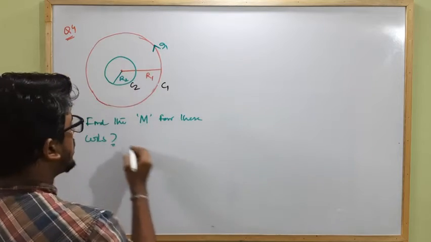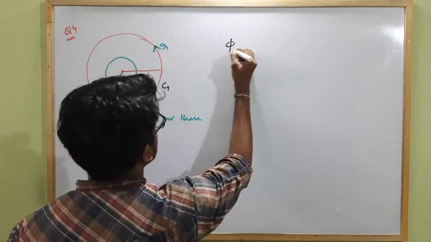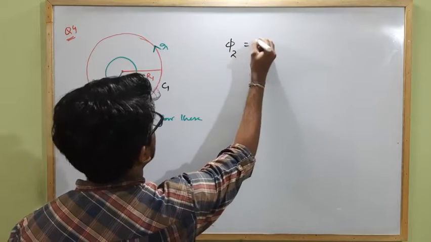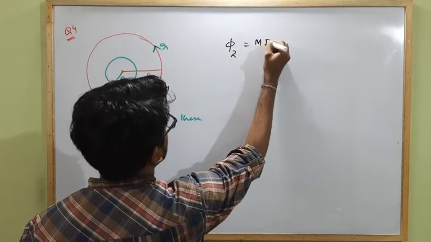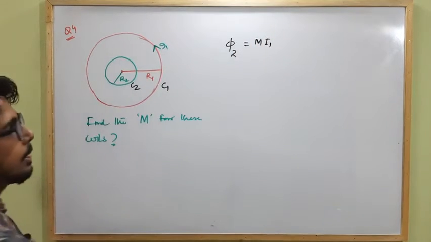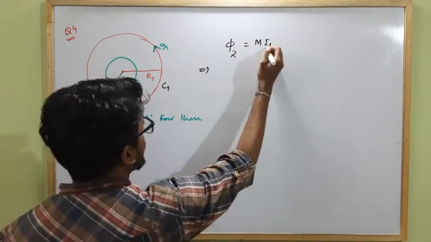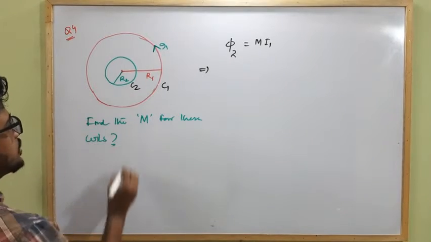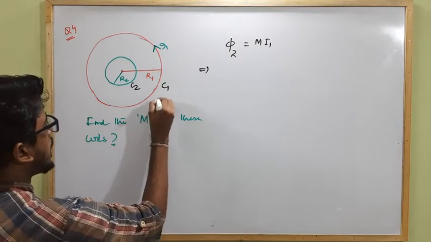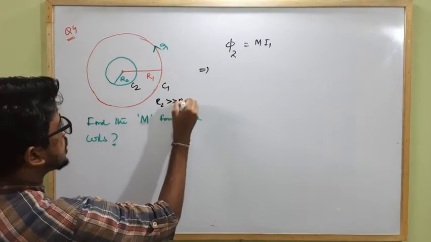So for mutual inductance, we can write the flux linked to the second coil will be equal to mutual inductance into current flowing through the first coil. Now what is the flux linked to the second coil, provided R2 is very negligible in comparison to R1?